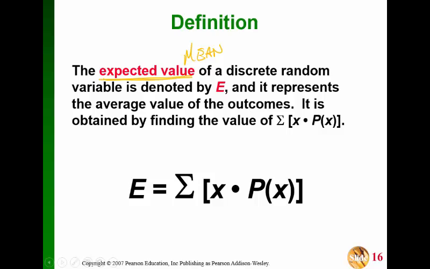Same formula, and you can just say mean or expected value. But expected value sounds a little bit less formal, a little bit less jargony. And what they're saying here is that if I roll a die so many times, my expected value should be whatever. That's why it's called expected value. Okay, yeah, so it's the same thing as a mean.